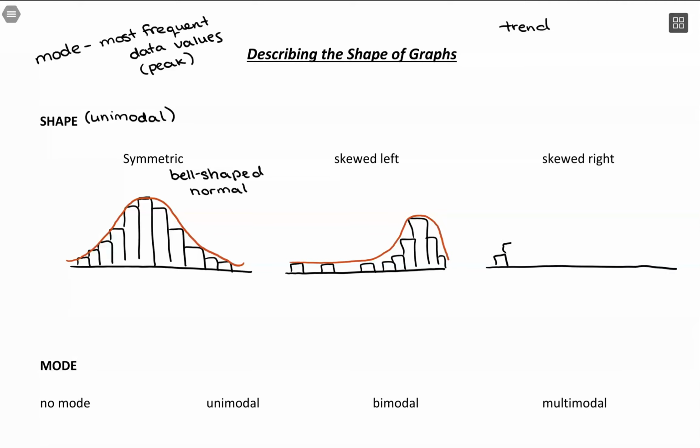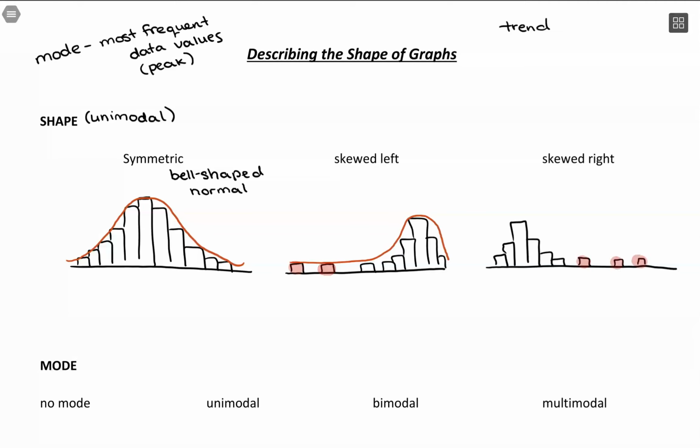We'd have the bulk of our data on the left-hand side, but then we'd have this tail on the right-hand side. It's very common to mix these up, especially when you hear skewed left, you feel like it's skewing the data to the left, but it's actually the tail that we're interested in. It's these extreme values out here that are important for our data.